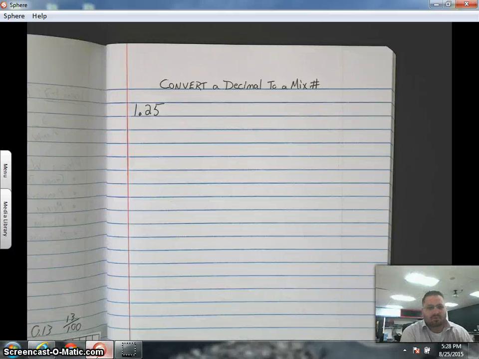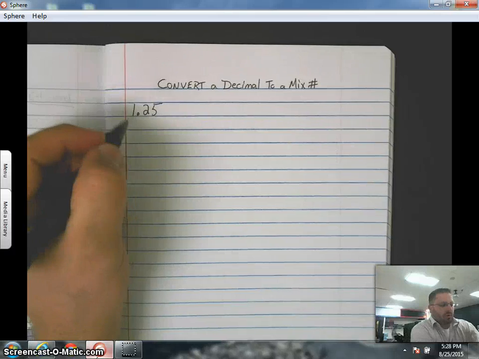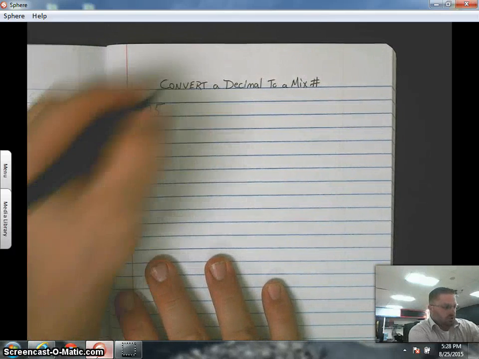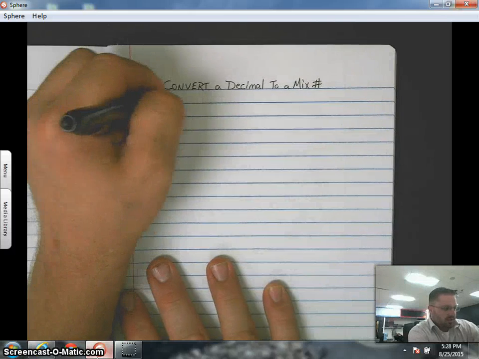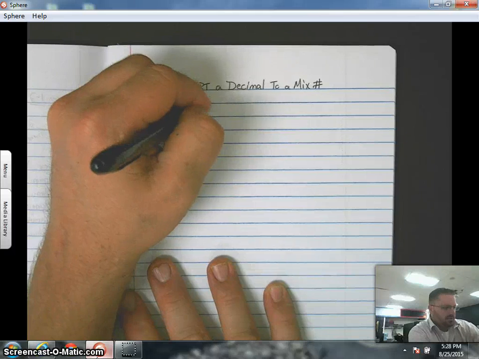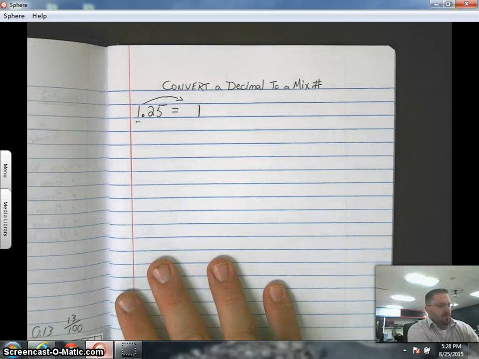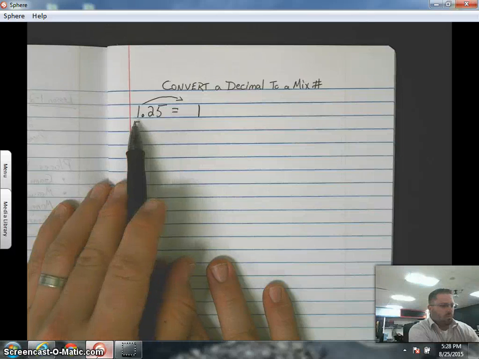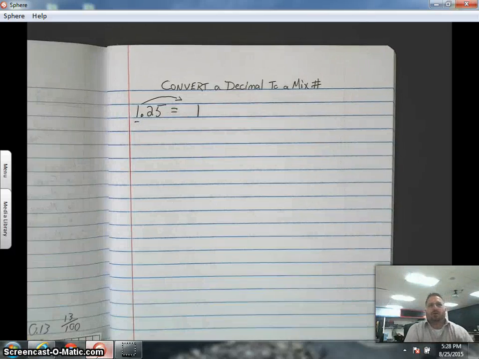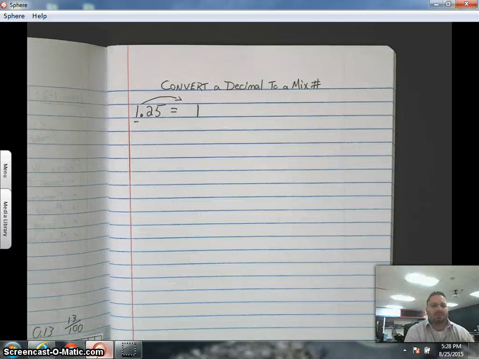Remember, a mixed number is a number and a fraction. When I look at 1.25, 1 is a whole number. So it automatically just comes right over into my answer. I'm going to read this decimal again. 1 and 25 hundredths. So when I'm writing my fraction, I want to end up saying the same thing.